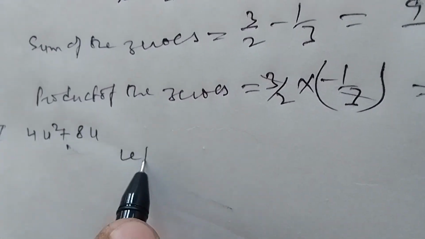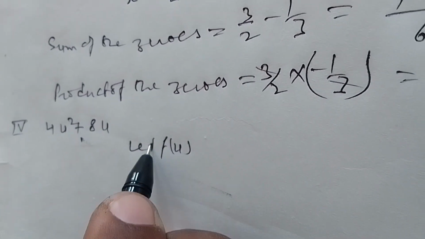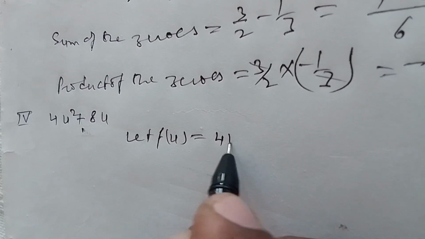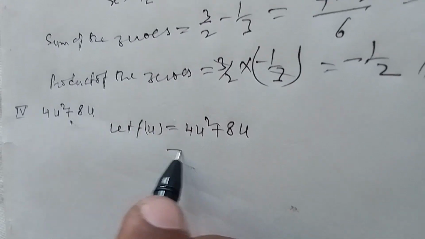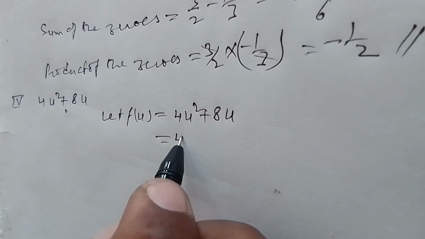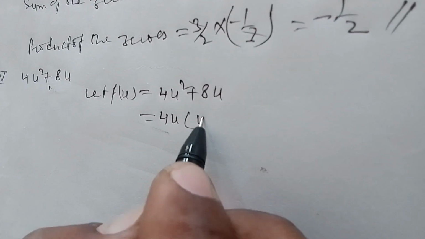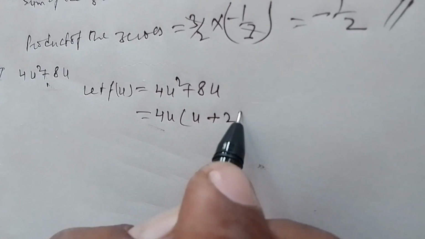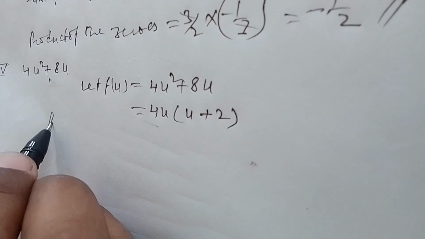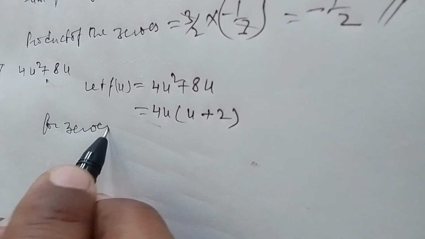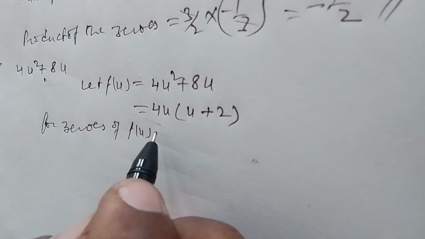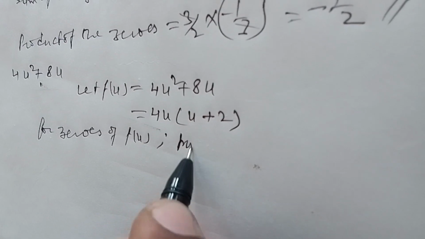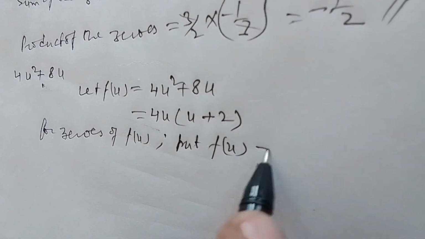So let the function f(u) be equal to 4u square plus 8u. Now we can rewrite it by taking 4u outside, so 4u times (u plus 2). Now for the zeros of f(u), put the function f(u) equal to 0.